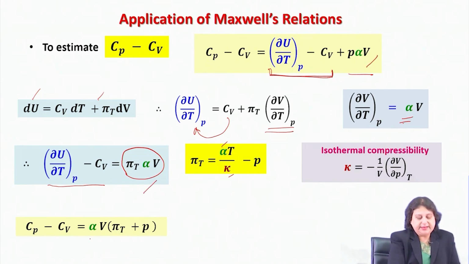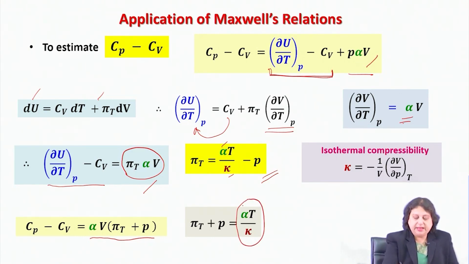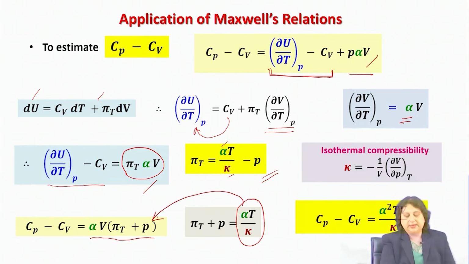That gives me the right hand side as alpha into V into pi_T plus P. Now, what is pi_T plus P? If I use the definition, pi_T plus P is nothing but alpha T by kappa. So all I am going to do is take this value and put it back here. If I do that, then the final expression that I get for Cp minus Cv is alpha squared T into V divided by kappa.